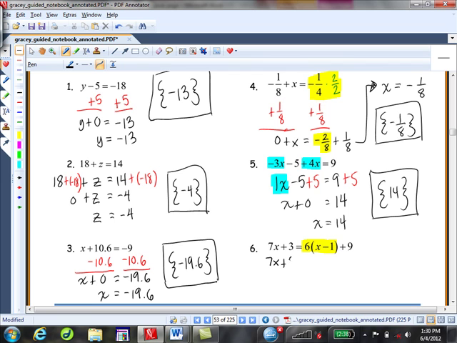So 7x plus 3 is equal to 6 times x minus 6 times 1. And then we have the plus 9 still hanging out. So the yellows are equivalent here.